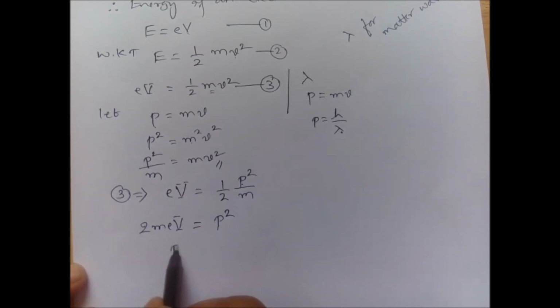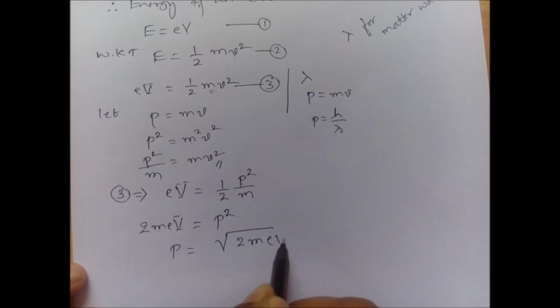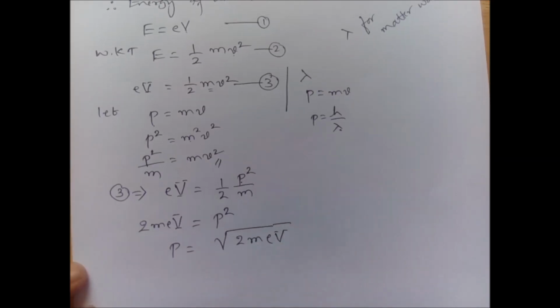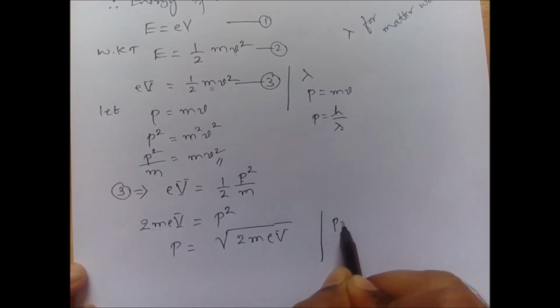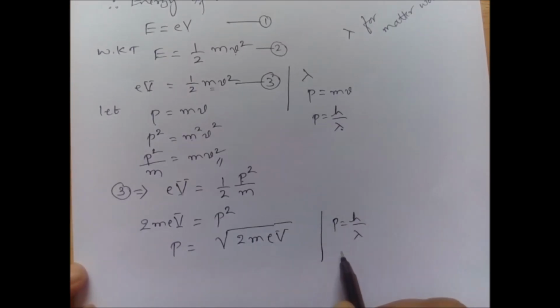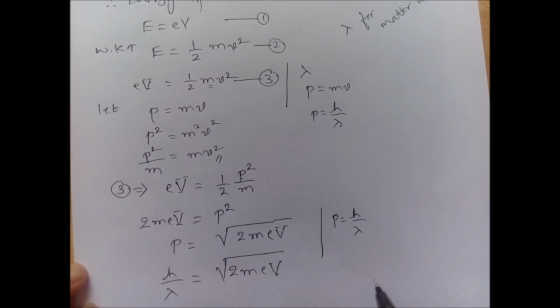And p is equal to square root of 2m eV, right? Then let us substitute p is equal to h divided by lambda. That means h divided by lambda is equal to square root of 2m eV.